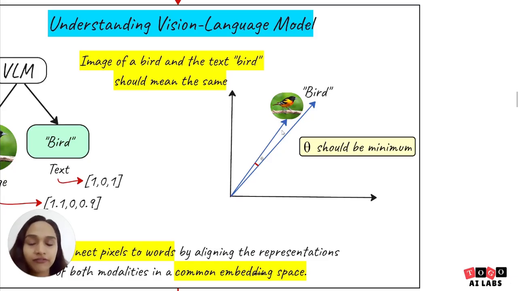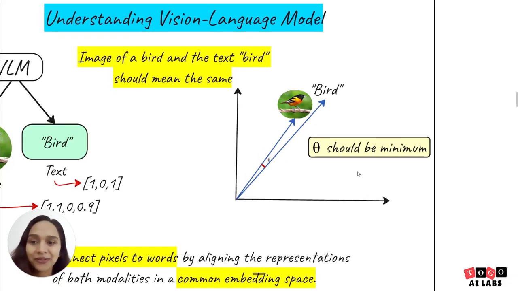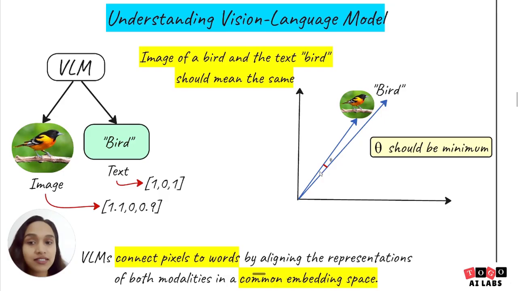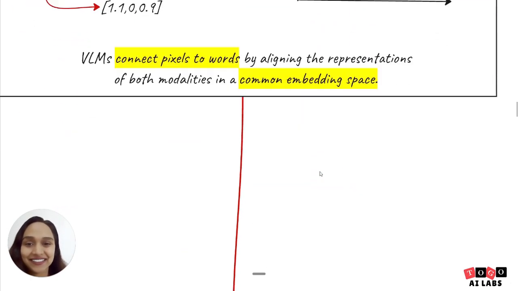If they should lie closer, then their cosine similarity should be very high, which means the angle between the two vectors in this embedding space should be as minimum as possible. So how can a vision language model work to make this cosine similarity very high, or to make the angle between similar entities in the common embedding space low? Let us see.